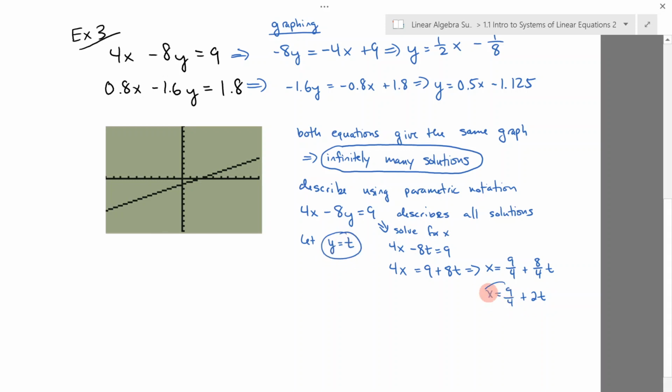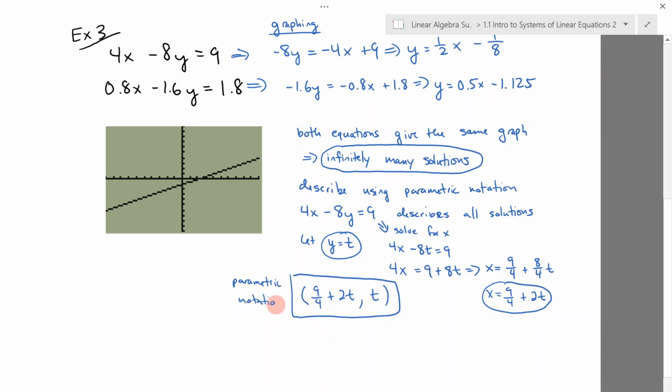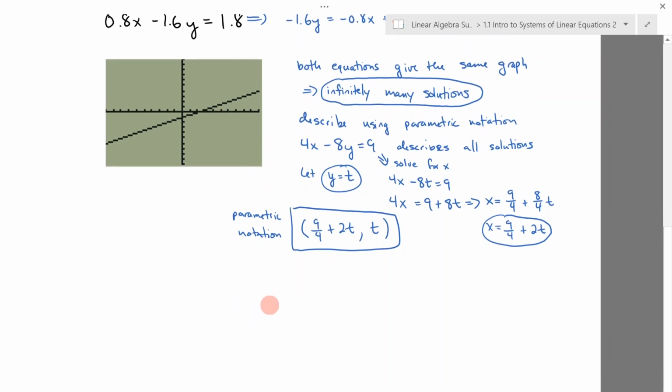So y equals t, and x is equal to this thing. You can write it as 9/4 plus 2t, comma, t. Again, this is parametric notation. So we can describe the infinitely many solutions using parametric notation.